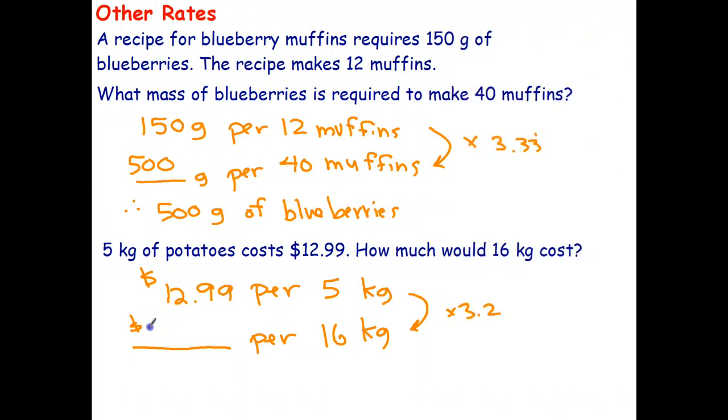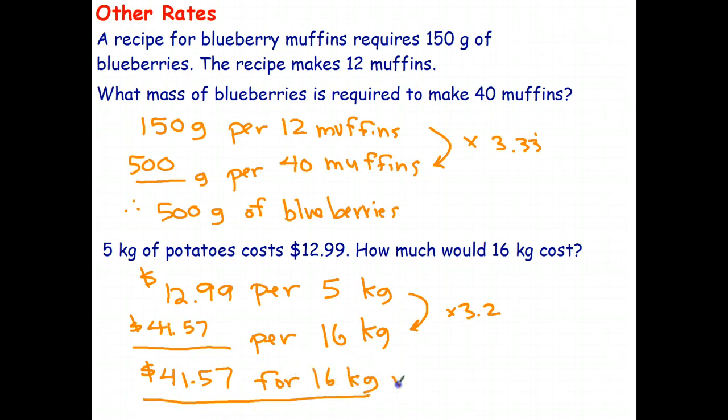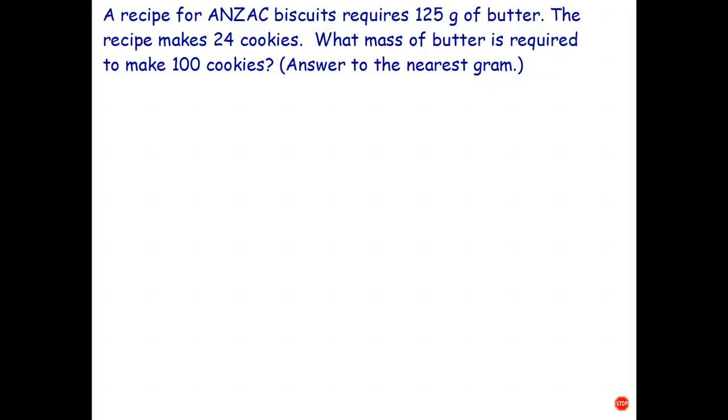So $41.57. That's if we're paying the same amount for 5 kilograms and not getting a discount for 16 kg. And there we go. And that is, oops, no, we have one more question that I want you to try, and then we'll be finished with our videos.